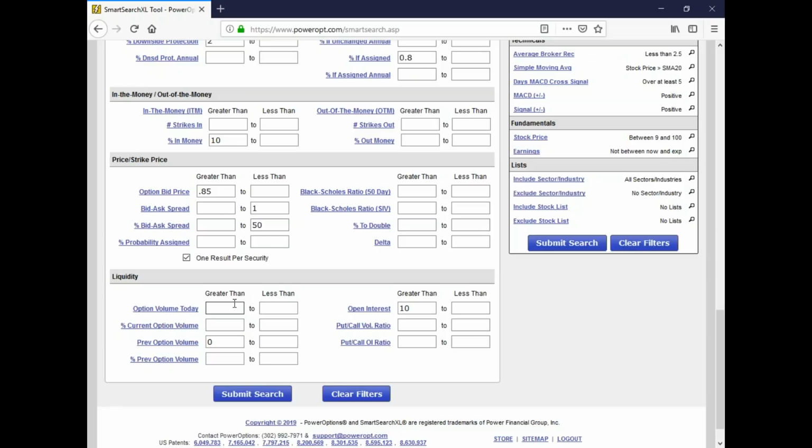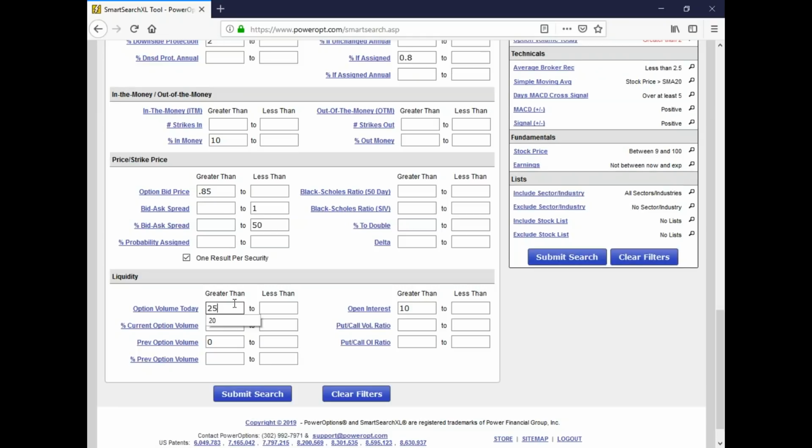So if on average I usually trade 5 contracts of a covered call, 500 shares and selling 5 calls, I'd probably look for an option volume today of at least 25 contracts.